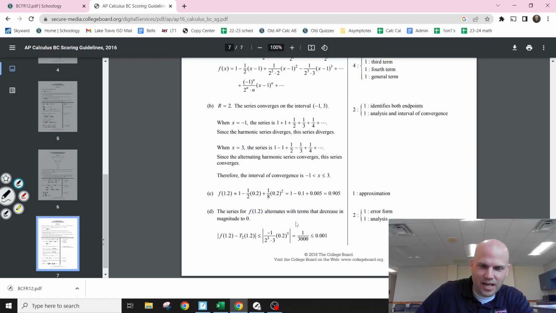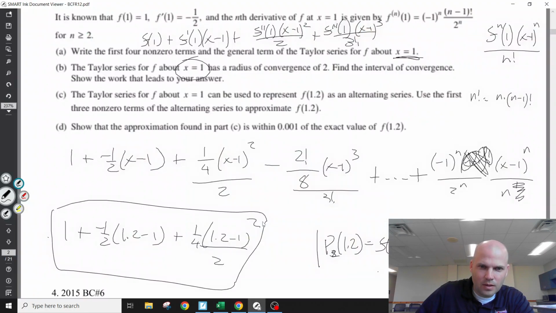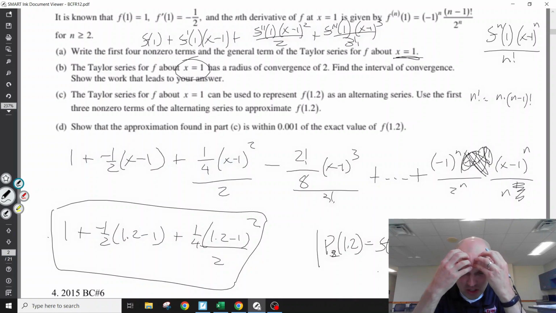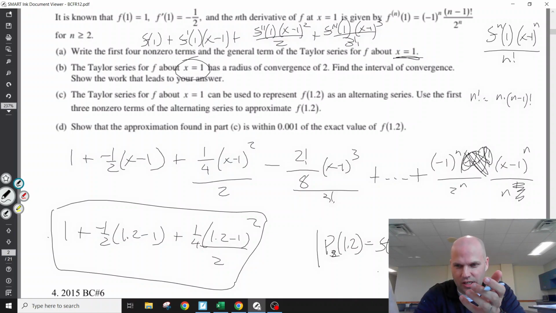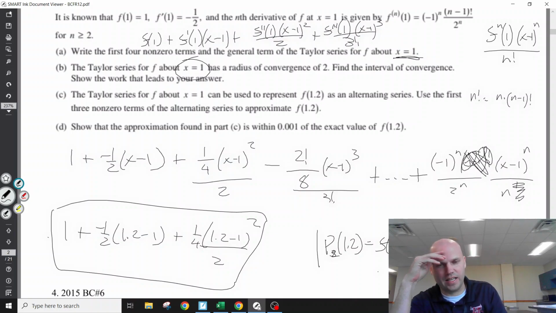Now they're saying you have to show that this is a convergent sum, and then you're using the alternating series error bound. Since it's an alternating series, this is why we're using the alternating series error bound. It's an alternating series whose terms decrease in magnitude towards 0.